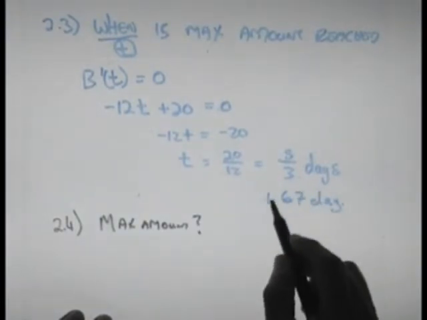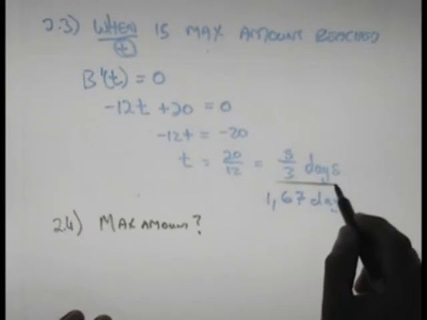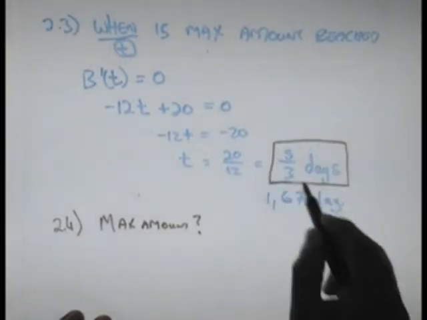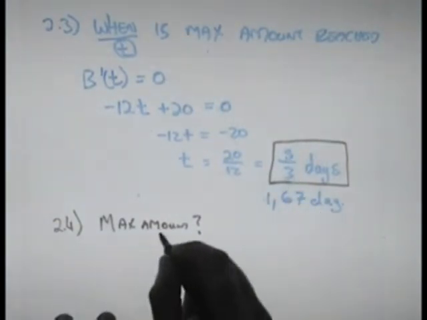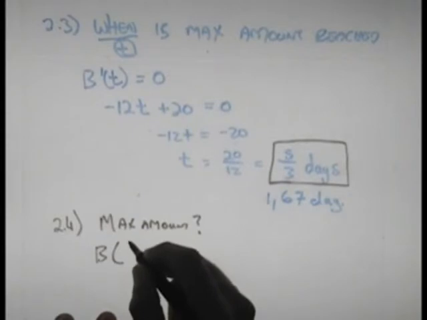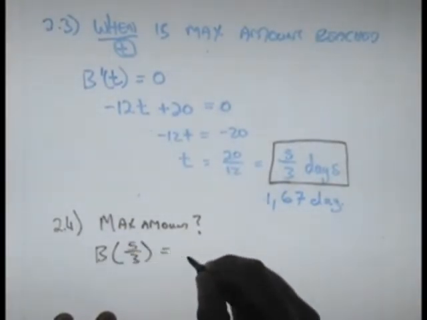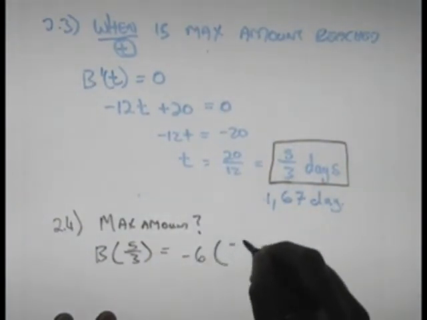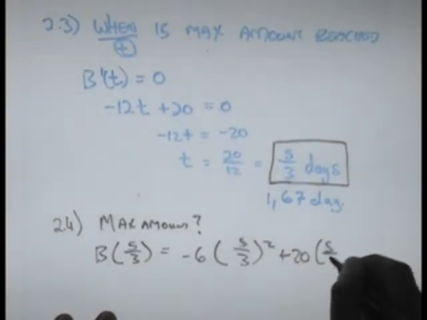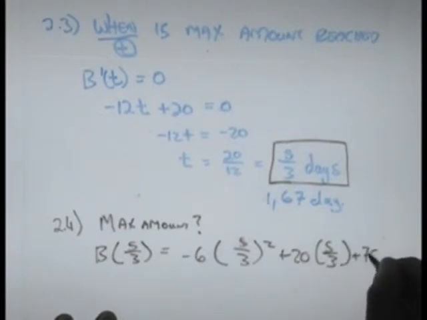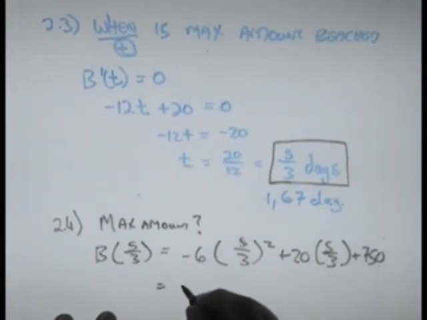If the point in time where we have maximum amount of bees is given as 5/3, wouldn't the maximum amount of bees be given by the function b of 5/3, which will equal -6 times 5/3 squared plus 20 multiplied by 5/3 plus 750, which will yield an answer of 768.